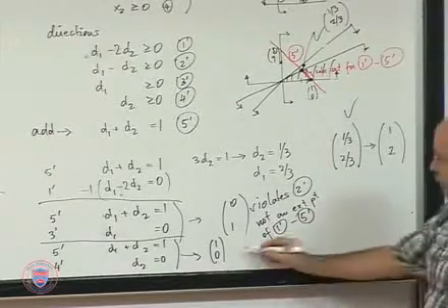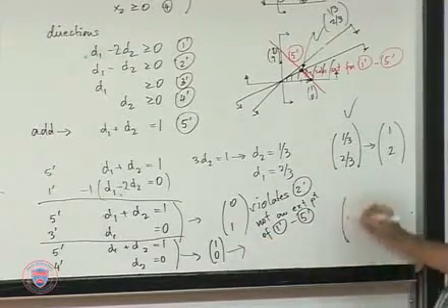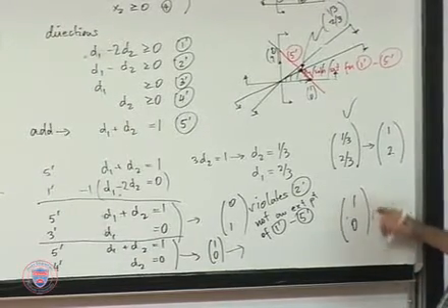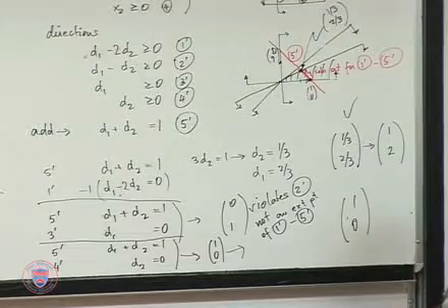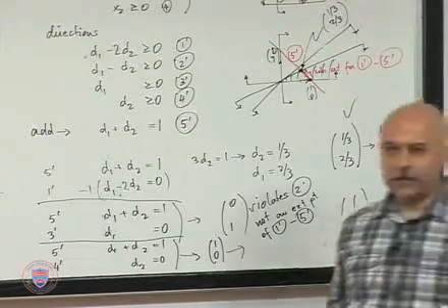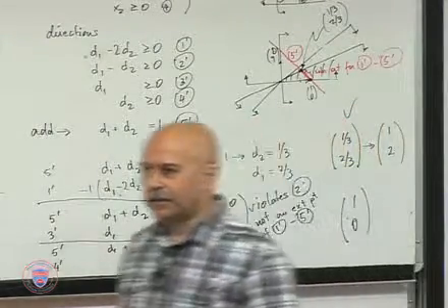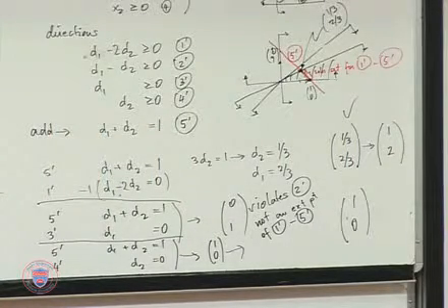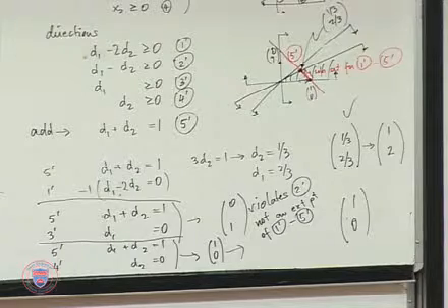I'm not going to check it. So this is an extreme point, extreme direction. Okay? All right, I guess we have it all ingrained in our minds. Is that clear? Okay.